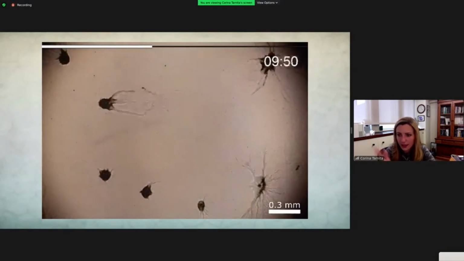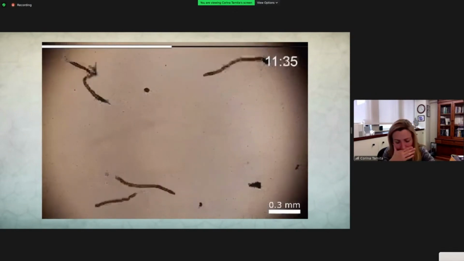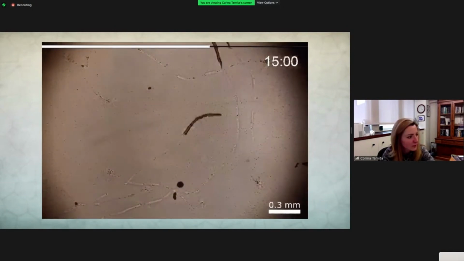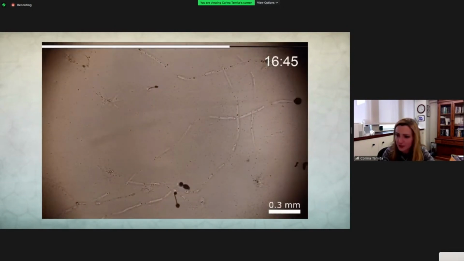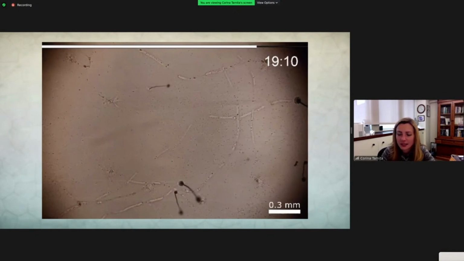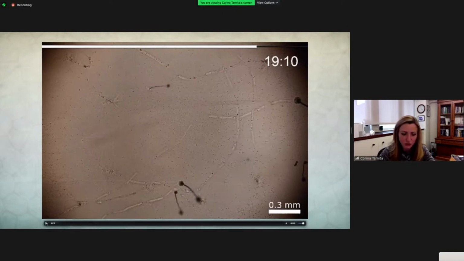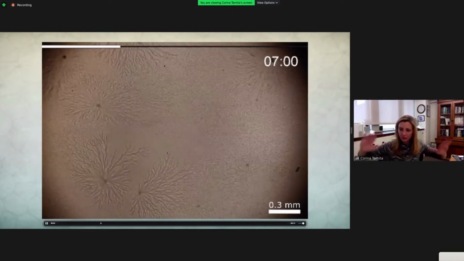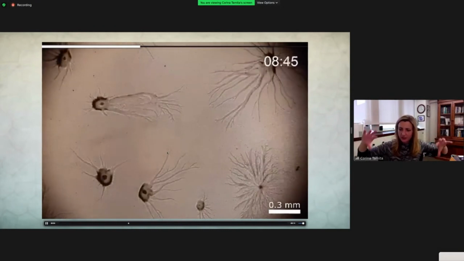My colleague, Tom, his last name is Cox, did really beautiful work on showing how, as these territories form, there are waves of cyclic AMP that are created from the centers of each territory.